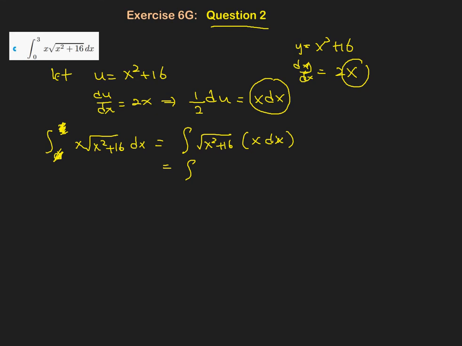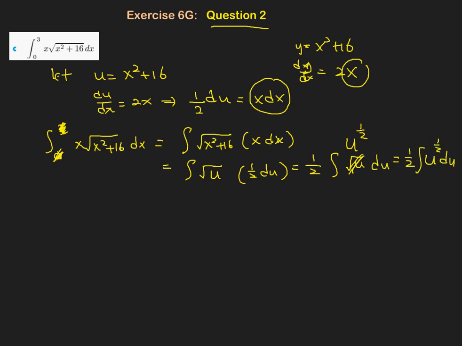This is square root of u, and this is actually half du, and the half can be written in front. You probably remember that the square root of u is actually u to the power of half, right? So you have half integrating u to the power of half du. That is our problem.